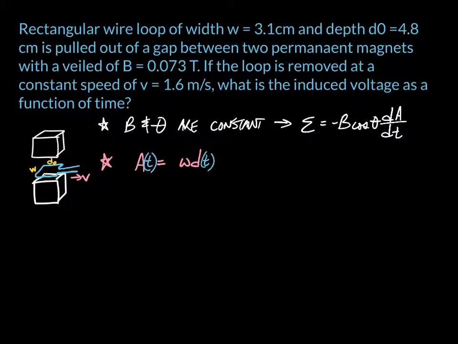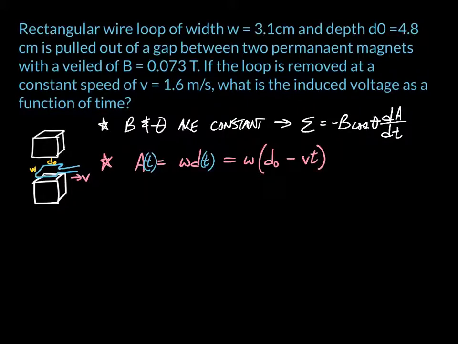So what this means is I'll have width, and I start with the initial depth, and then first zeroth law, distance equals rate times time. Change of position equals speed times the change in time. So that product of speed times time is a distance, and it is shortening the depth of that loop.